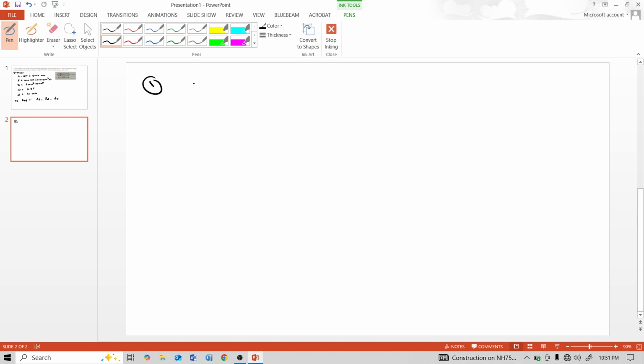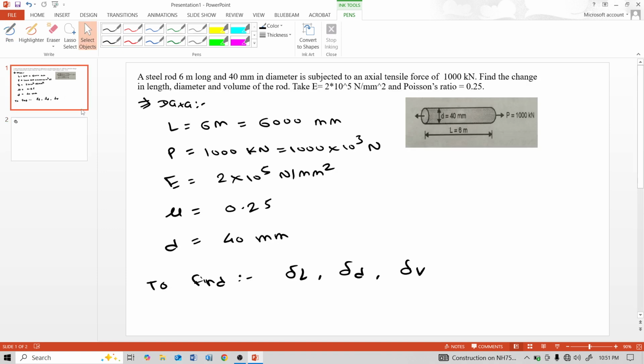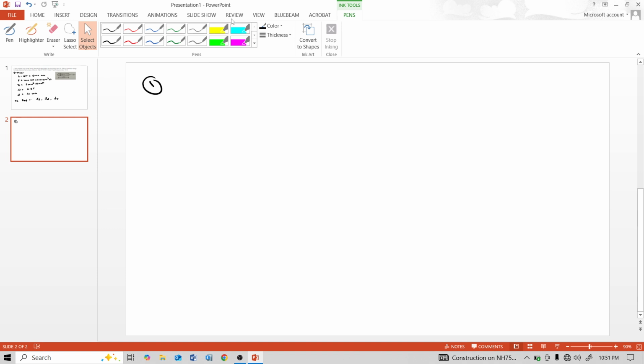First, calculate the change in length. For the change in length calculation, get help of the Young's modulus formula.